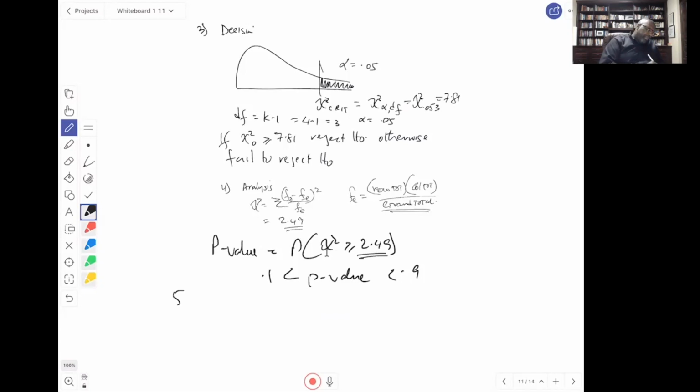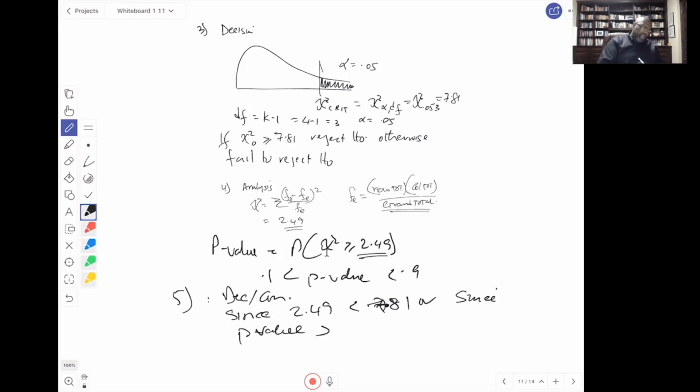Step 5, the decision conclusion. So since 2.49 is less than 7.81, or since the p-value is greater than 5%, we fail to reject H0.